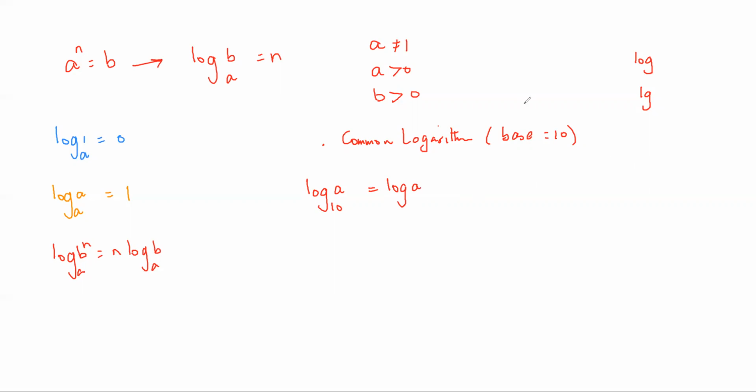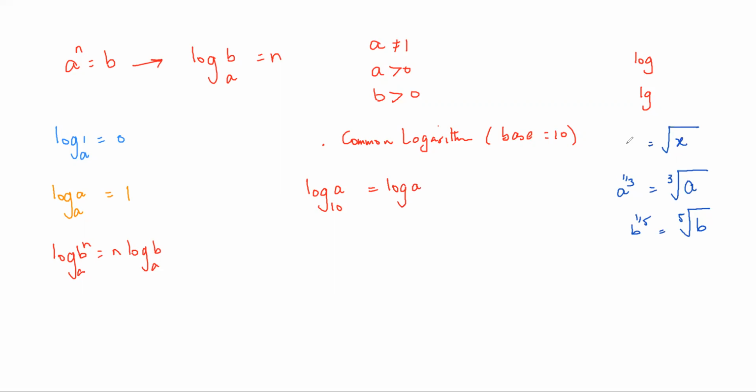Like in roots, for the cube root of a we have to write a small 3, and for the fifth root of b we write a small 5. These mean a raised to power 1 over 3 and b raised to power 1 over 5.